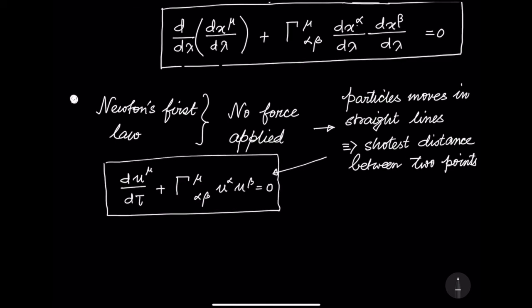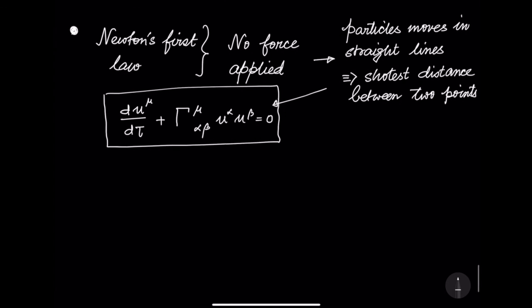Okay, and now this is not happening in an inertial reference frame. This is happening in any manifold, and that's the quantum leap, or that's not the quantum leap, but that's the gravitational leap that you have taken already. What does Newton's second law tell you?